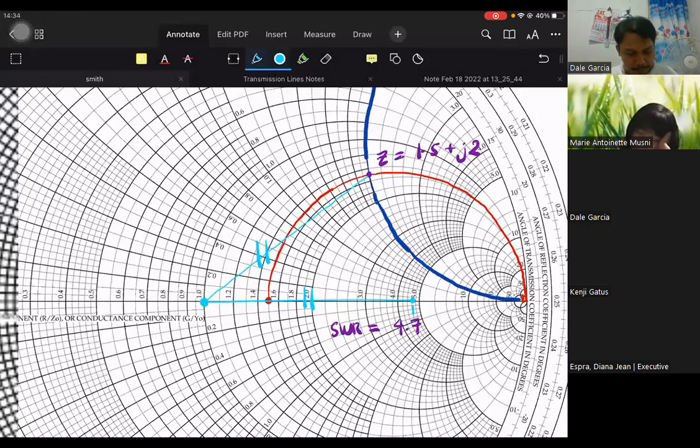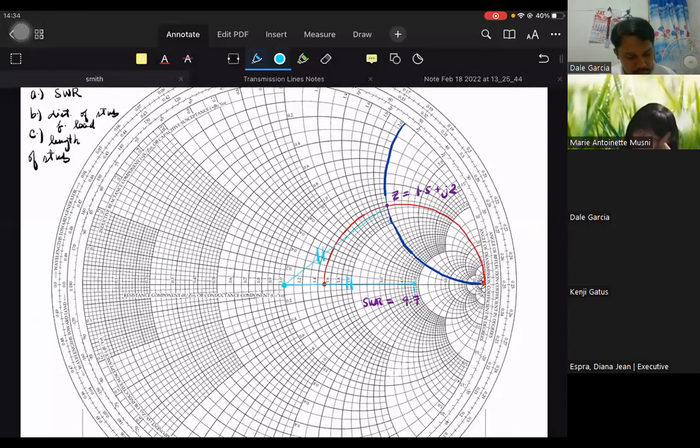What's the next step? Rotate 180. Rotate 180 degrees around the impedance circle to determine the normalized admittance.